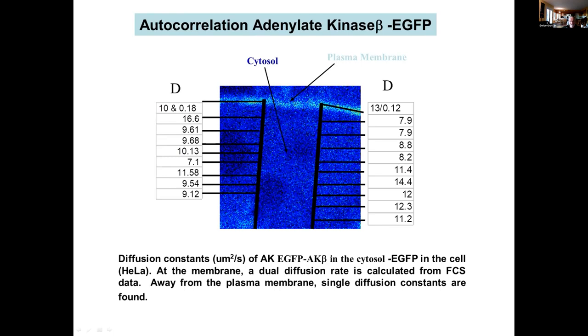And this is different, well above the errors. And if you measure another line, you can see that at the same position, it changes very much. So evidently, there are other reasons that change the diffusion constant in the cell, which is not due to simple viscosity of the interior of the cell.